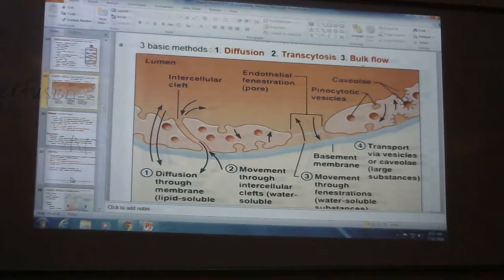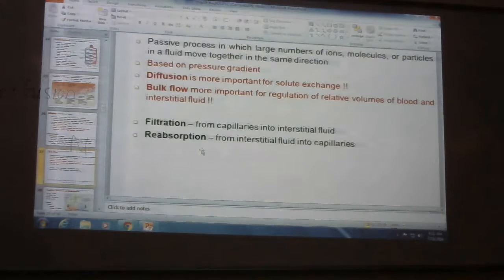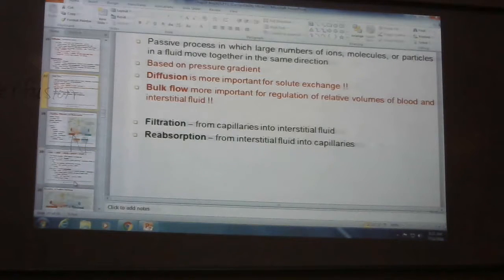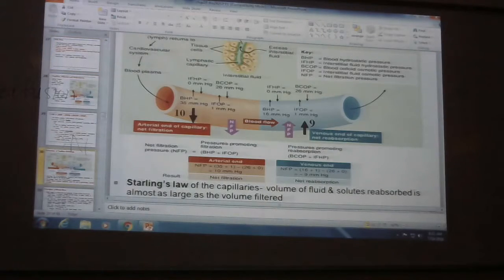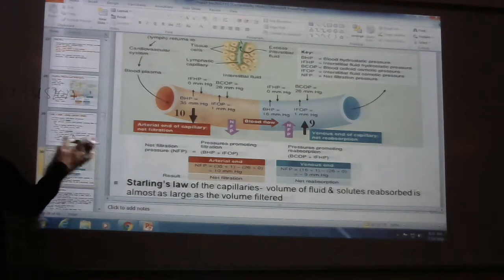But the most predominant way for perfusion to happen is called bulk flow, and it involves pressure. So you will be asked in your lecture test on Wednesday to compute for filtration pressure, net filtration pressure. So I'm going to draw right here again.